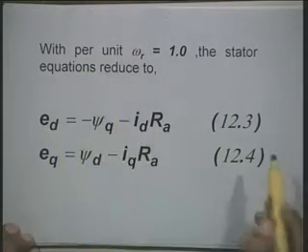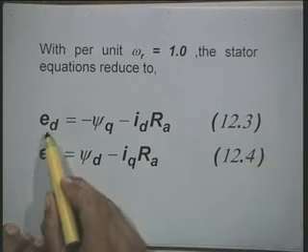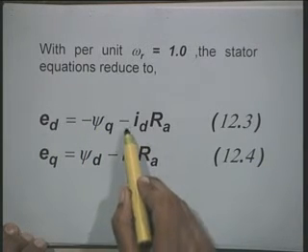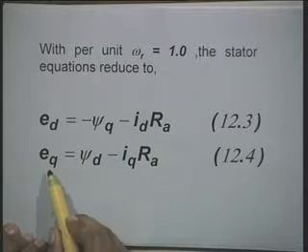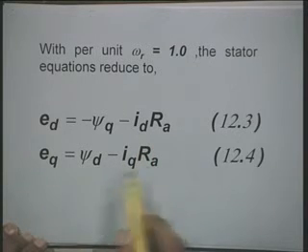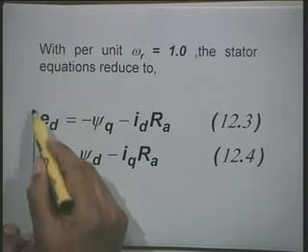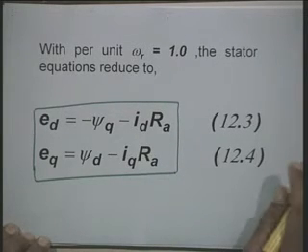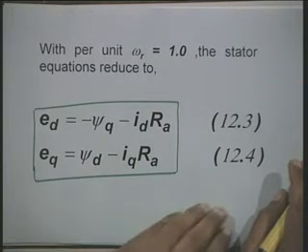For a balanced three phase system, E d will become equal to minus psi q with omega r is 1, minus I d r a, E q equal to psi d minus I q r a. These are the two stator circuit equations which we shall be using for further system studies, and no more simplifications are done so far as the stator circuit equations are concerned.